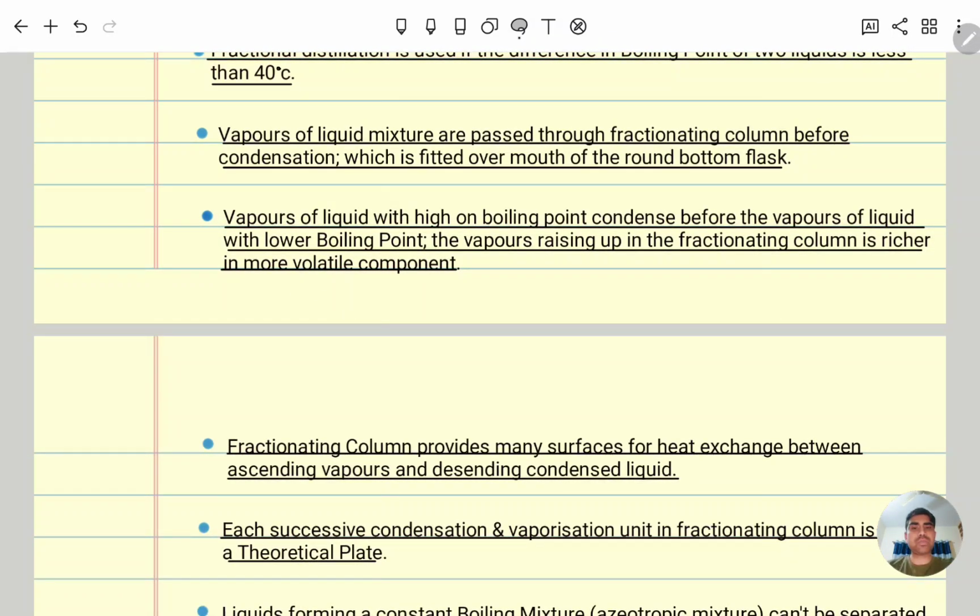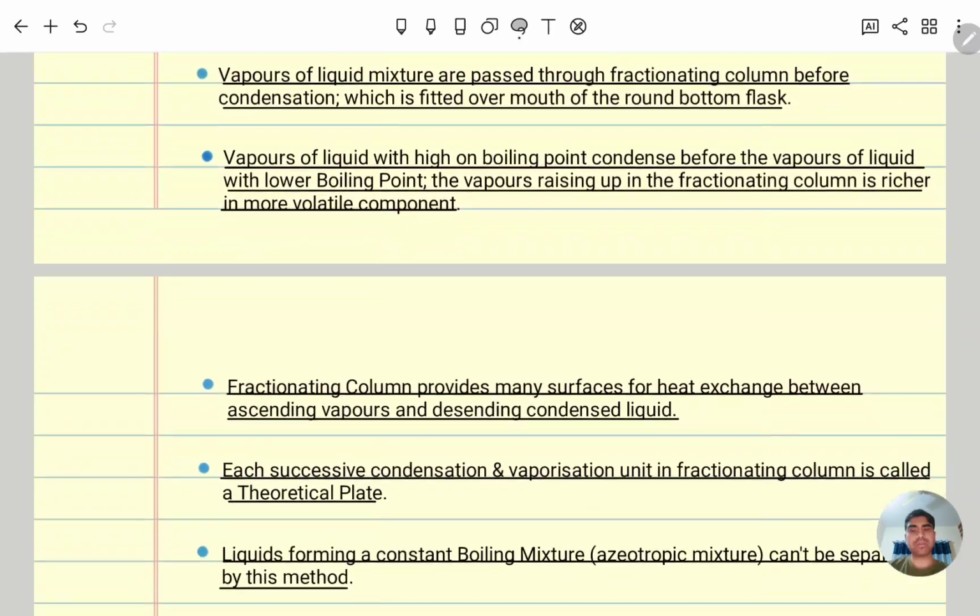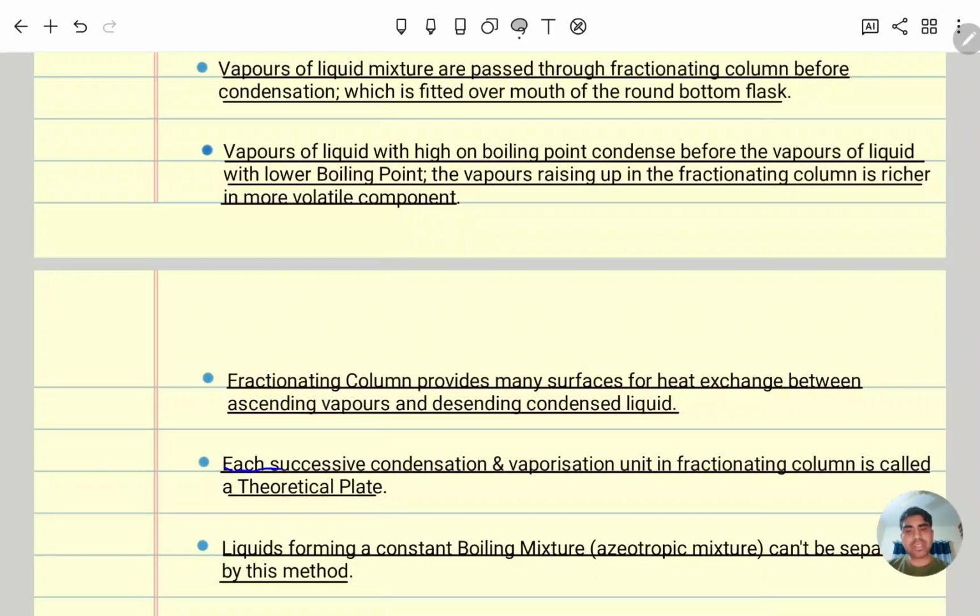So those substances whose boiling point is less, their vapor composition will be richer, so they will pass in ascending order over the glass beads. The fractionating column provides many surfaces for heat exchange between ascending vapors and descending condensed liquid. Each successive condensation and vaporization unit in a fractionating column is called a theoretical plate.